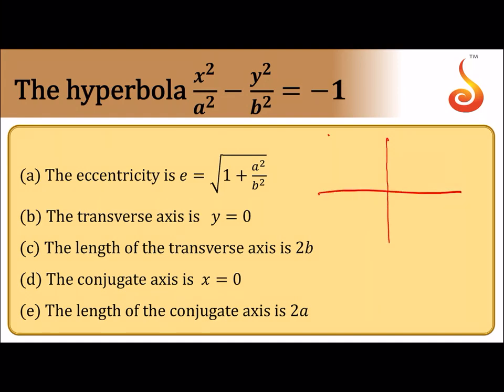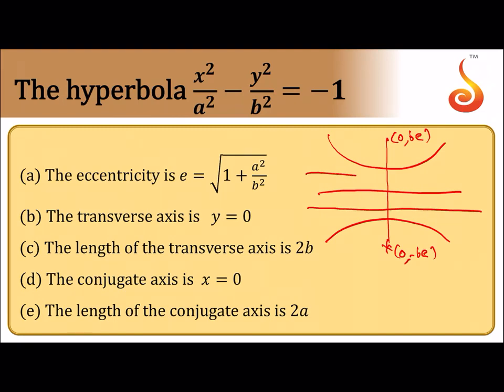Next one, it is a reverse hyperbola. This hyperbola is like this. Reverse hyperbola, the foci coordinates will be 0 comma BE. Here 0 comma minus BE. This is one directrix, this is another directrix.